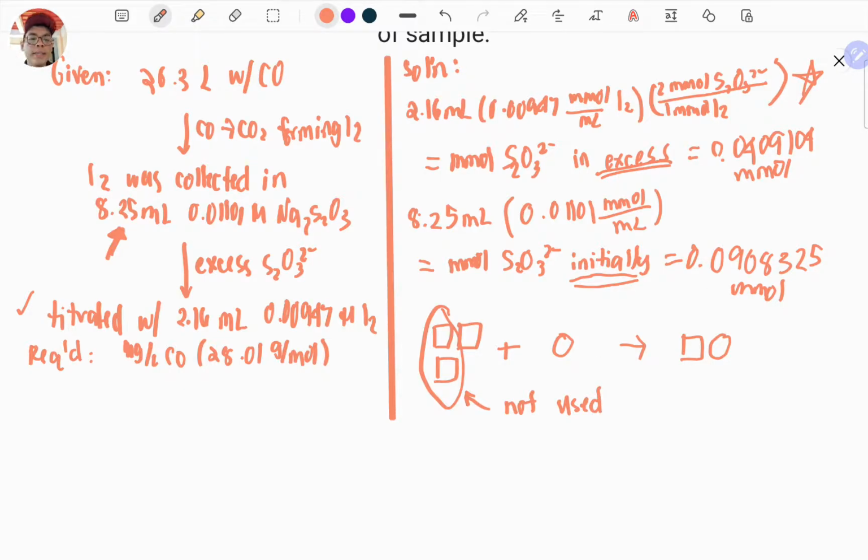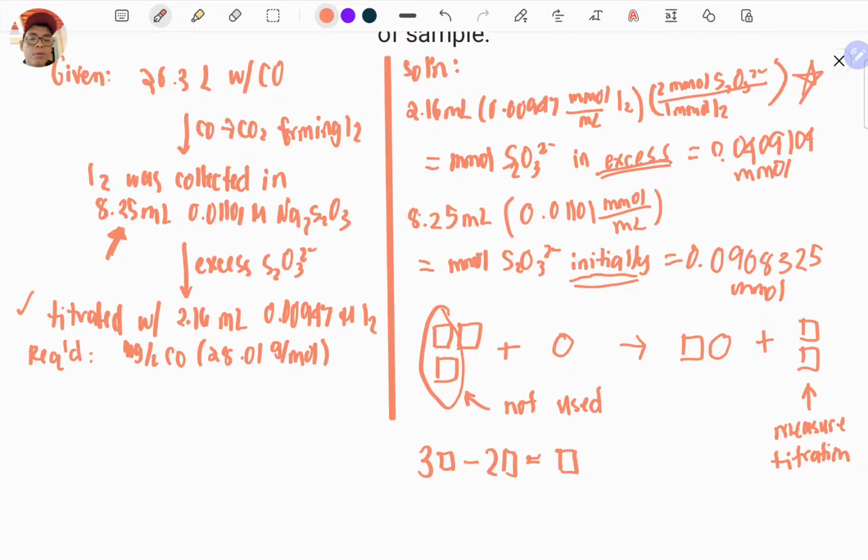So, it makes sense that after this reaction, we measure this by titration, for example. And if we take the 3 squares initially, subtract it with the 2 squares after the reaction, we get the 1 square that was used up in the reaction.